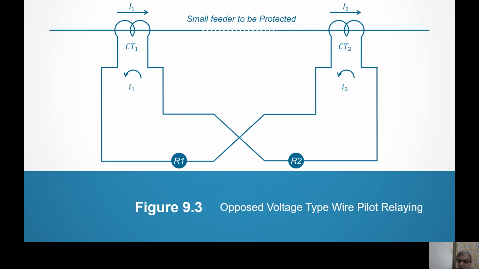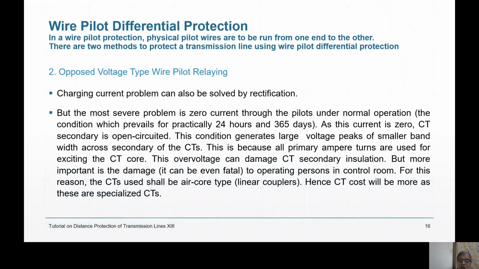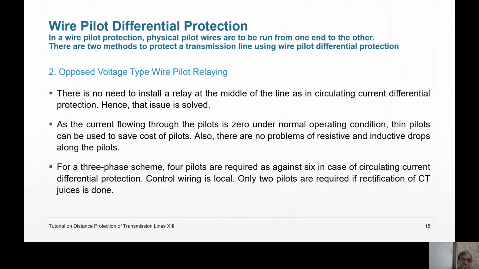So many problems of the circulating current type we have solved. There is no need to install a relay at the middle. That is, the current flowing through the pilot is 0. No problem of resistive and inductive drops. For a three-phase scheme, you now require only 4 pilots, because the 2 DC pilots are not required.